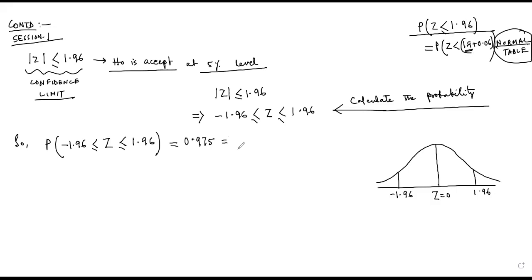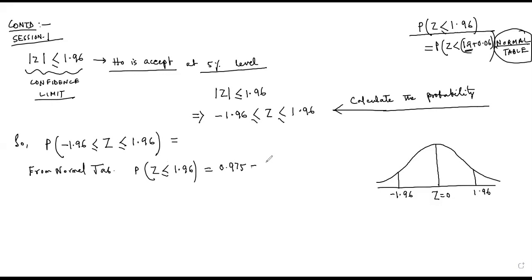Thank you so much. Let me write it properly. From the normal table, we have found that the probability that z is less than or equal to 1.96 is 0.975.